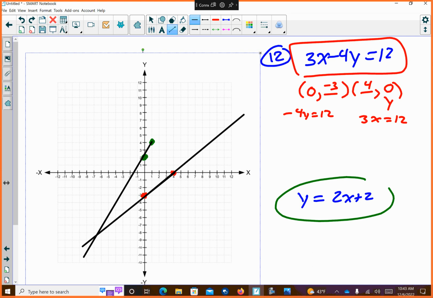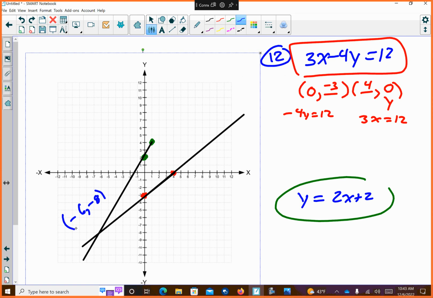I think it's -6 and -9. Negative 5x, negative 6y. What do you guys think it is? So -6, and then if I come down, -8? I don't know.